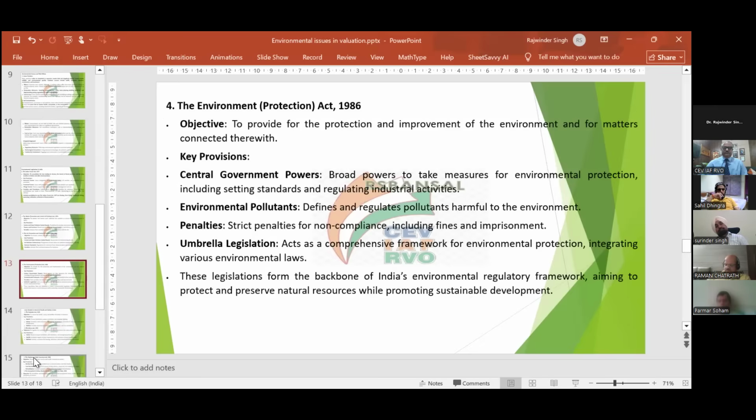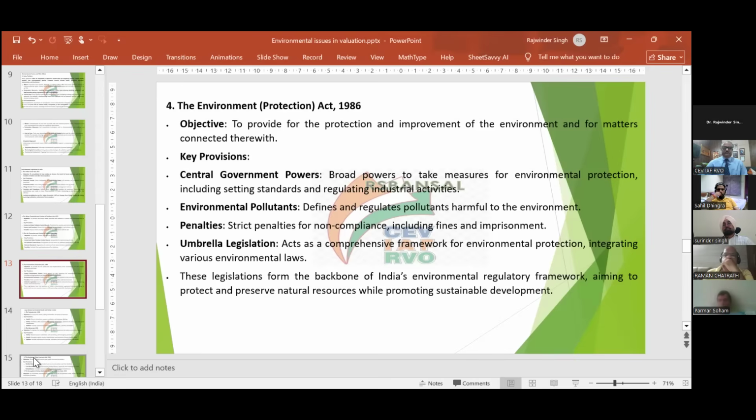The next is the Environmental Protection Act 1986. Its objective is the protection and improvement of the environment and matters connected therewith. Key provisions of this act: it gives the central government the powers for environmental protection, including setting standards and regulating industrial activities.